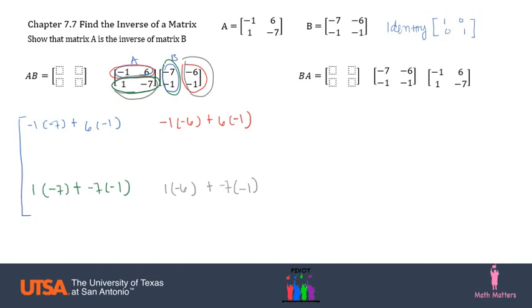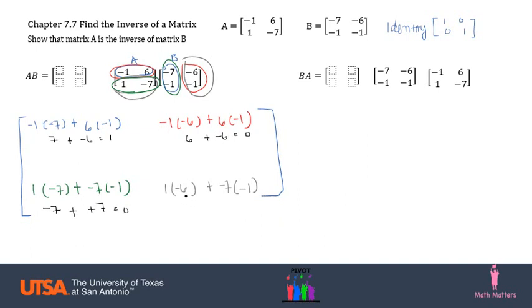Alright, let's multiply. So negative 1 times negative 7, that's positive 7. 7 plus negative 6 equals 1. And then negative 1 times negative 6, that's positive 6 plus negative 6 equals 0. And then we have negative 7 plus positive 7 equals 0.